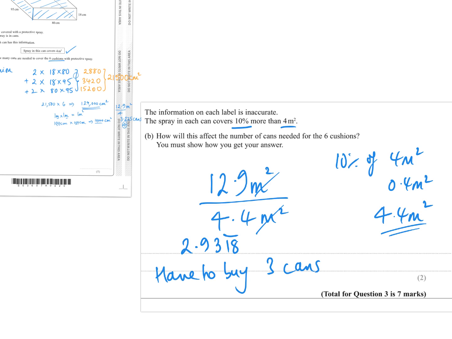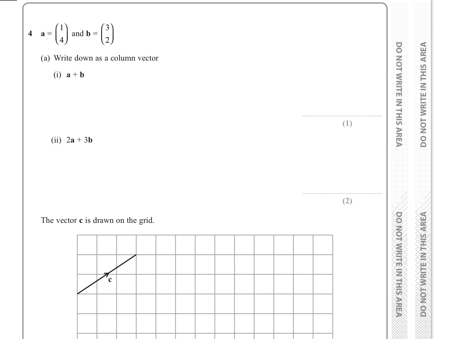I can't just buy 2.9318 recurring cans. Not possible. So I have to buy 3 cans instead. So how will this affect the number of cans needed? So hence, less cans needed. Okay, just to be sure we're going to get all the marks. Right, okay, let's move on.